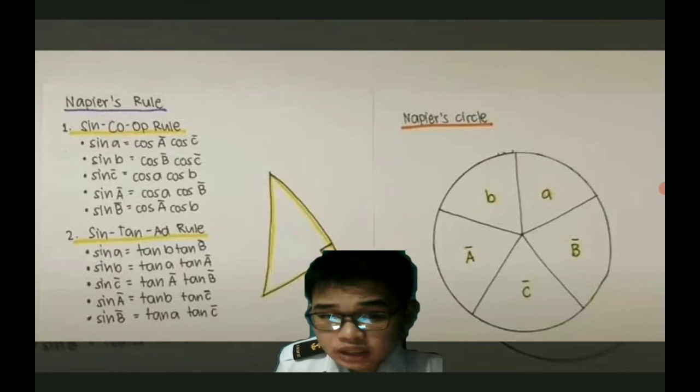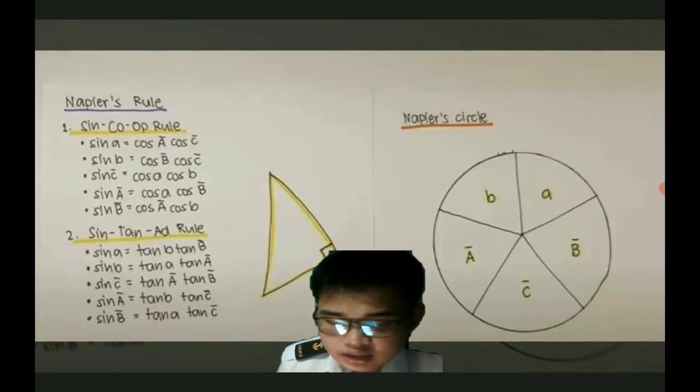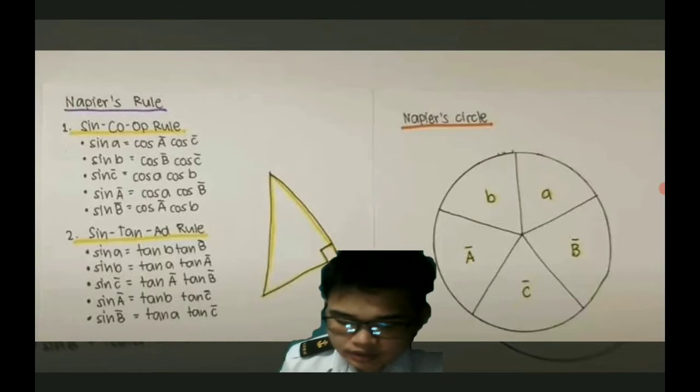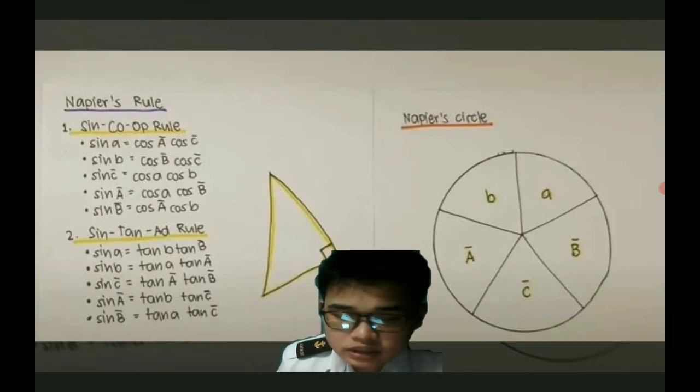And this is the Napier's circle where angle C is equal to 90 degrees, and this triangle is called a right spherical triangle. In Napier's circle, A bar is equal to 90 degrees minus the angle A, and B bar is 90 degrees minus the angle B, as well as C bar.